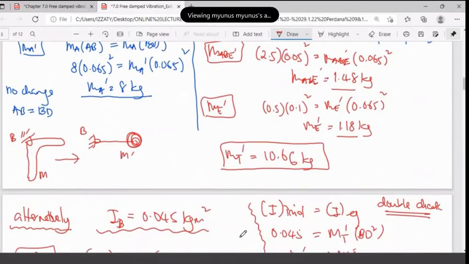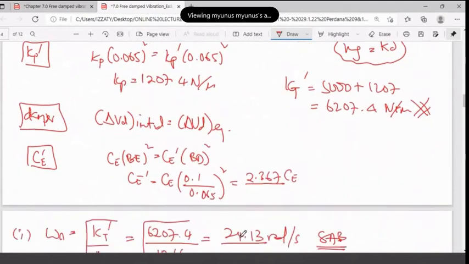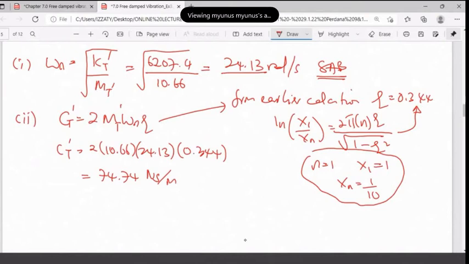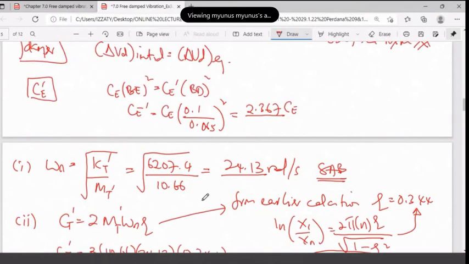So Ct prime is equal to 10.66 by 2413 by the 0.344. If you calculate that one, that will bring you 74.74 Newton second per meter. Okay, and for our calculation earlier just now, you have this Ce.